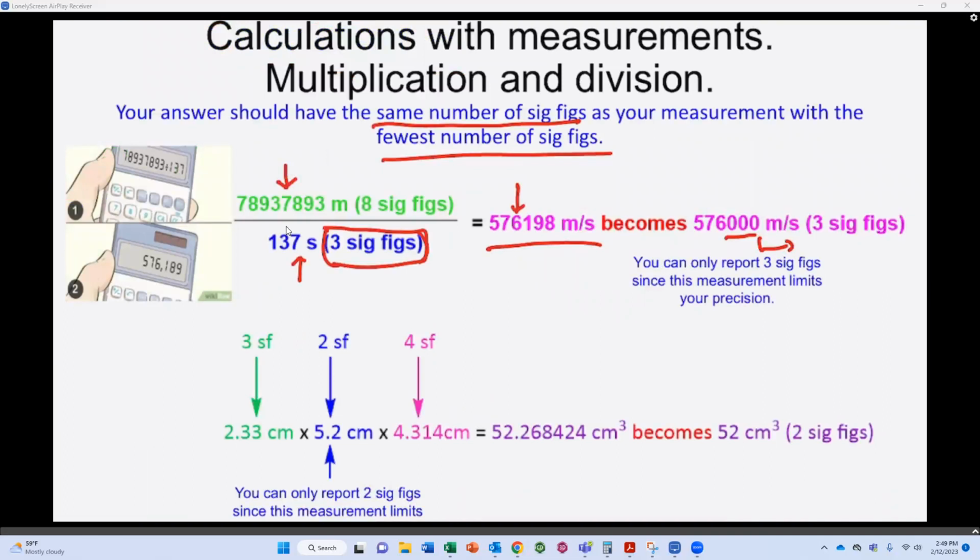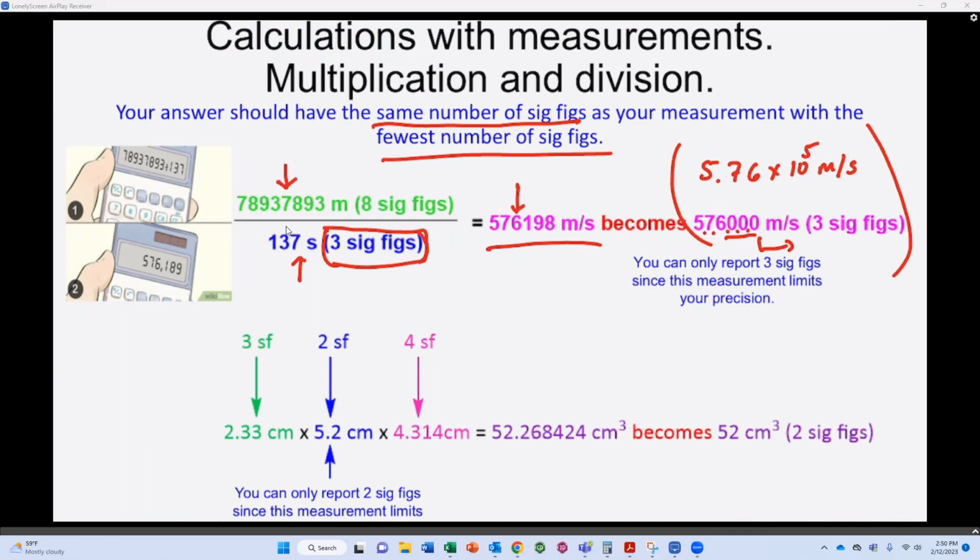If that makes you uncomfortable, then we can report it in scientific notation, 5.76 times 10 to the 5 meters per second. Both of those values have 3 significant figures. Depending on how you report it, depending on what's in your answer choices, you need to be able to recognize that both of those answers have 3 significant figures.